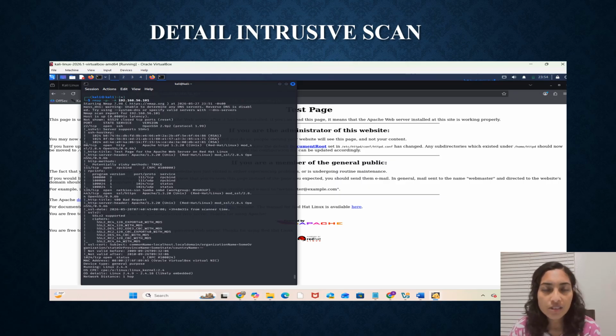Detailed enumeration scan. Another command I used was nmap -A and the target IP, which performs a more aggressive scan. It gives more information. This one digs deeper into the open ports and services to gather as much information as possible.